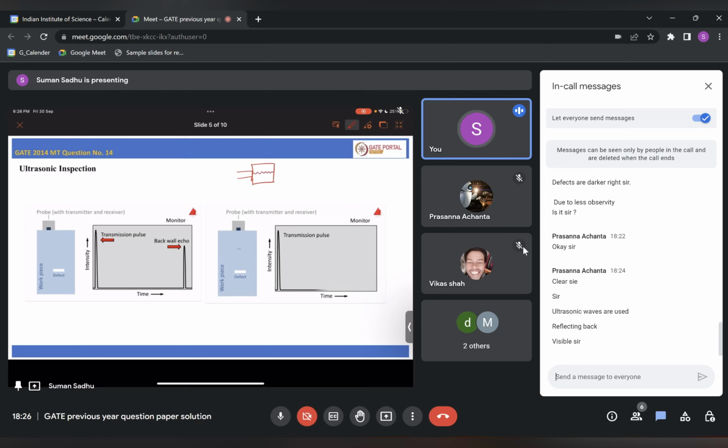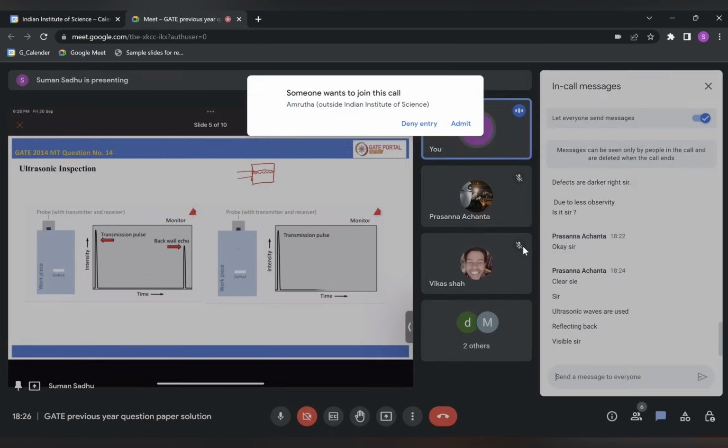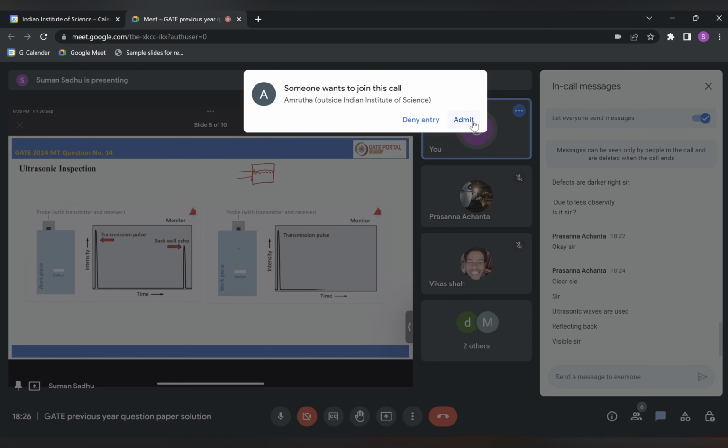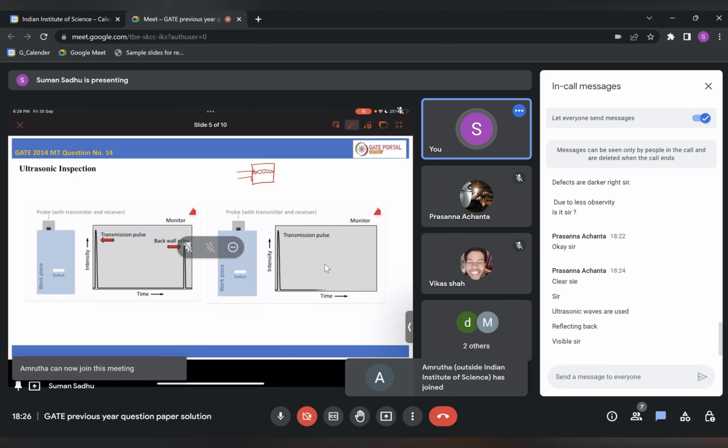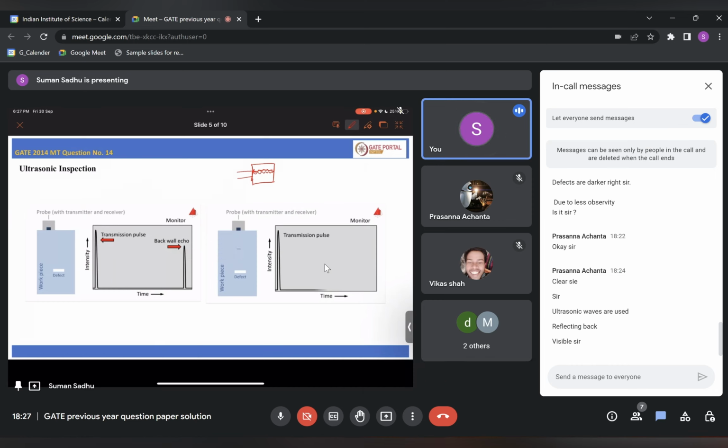It will travel through the sample. When it finds a free surface, it will reflect back from this location again to the probe, so it will receive that signal back.